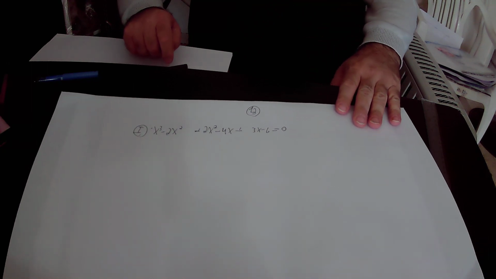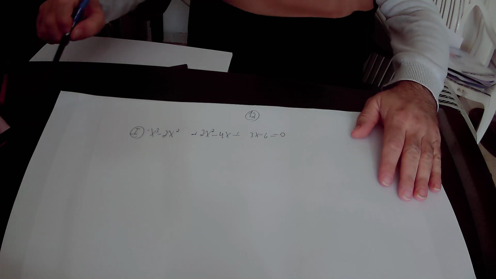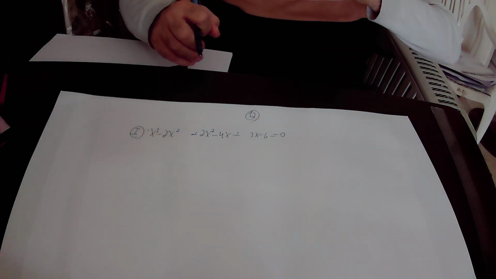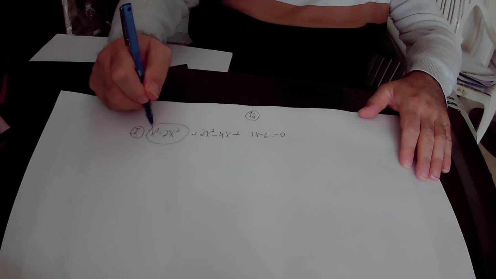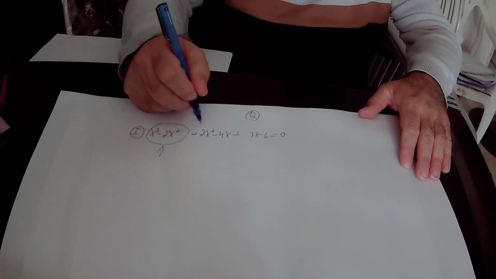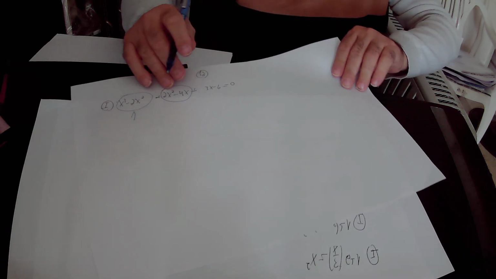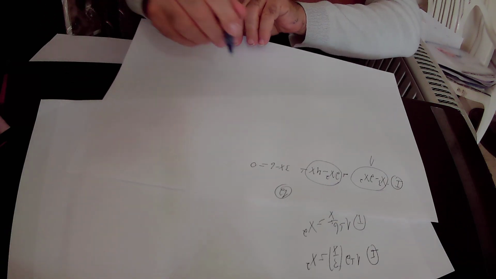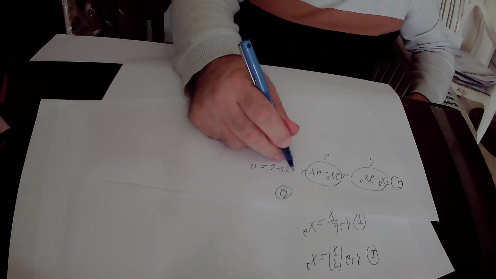So here we will divide this equation number 1 into 3 parts and we will take a common factor from each part. This will be part number 1, this will be part number 2, and this will be part number 3.